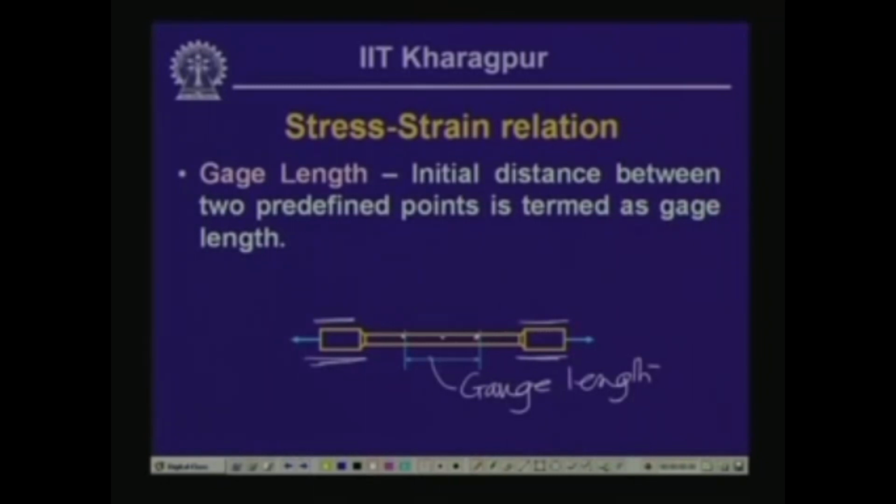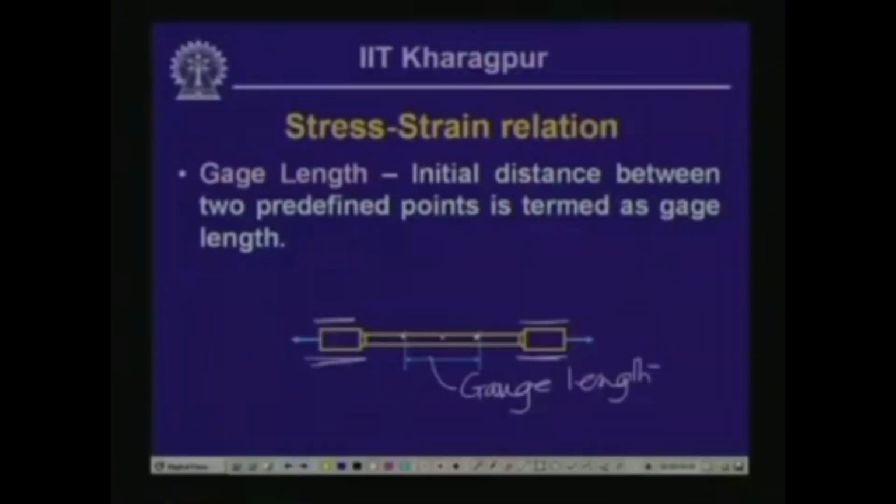And as we have seen earlier, for a body which is subjected to an axial pull, the normal stress is the axial pull divided by the cross sectional area. So, for each increment of the load, we can compute the stress, and correspondingly the strain, and then we can plot a curve to establish the relationship between the stress and the strain.